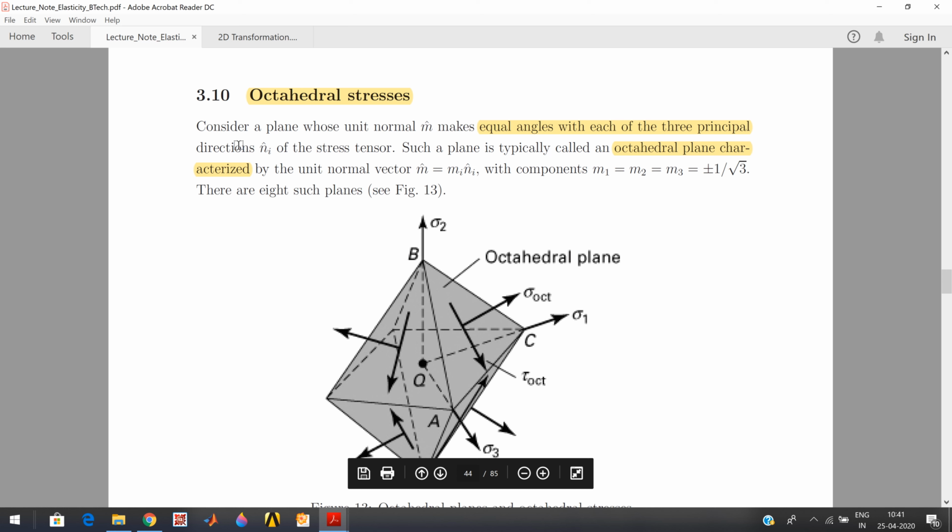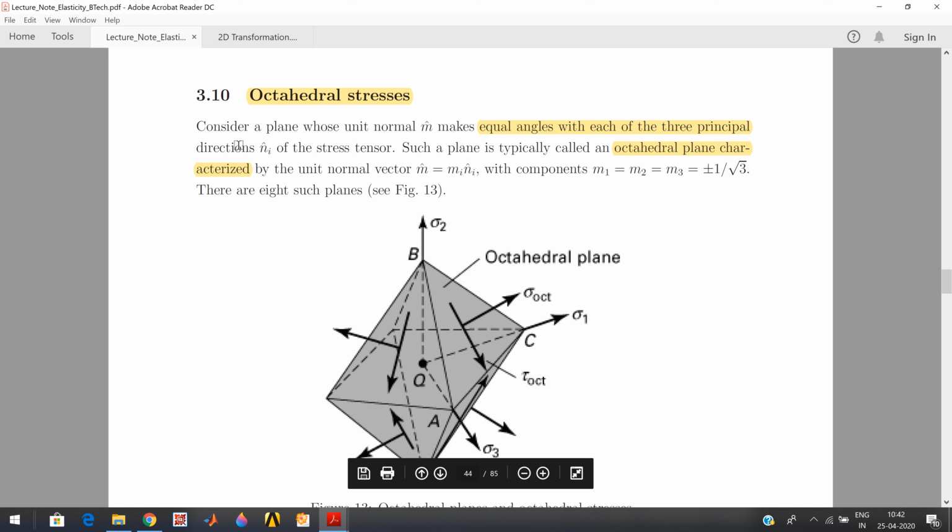I saw that students make the mistake of thinking that it is the plane which makes equal angle to three arbitrary basis vectors E1, E2, E3, but it's not.